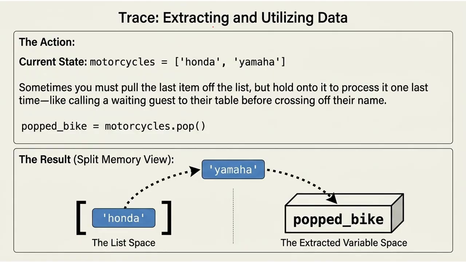After that we come down to extracting and utilizing data. Suppose you now have this list motorcycles with two items, Honda and Yamaha. Sometimes you must pull the last item of the list but hold on to it to process it one time, like calling a waiting guest to their table before crossing off their name. What does it mean?